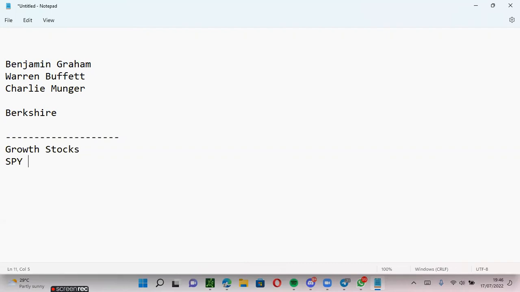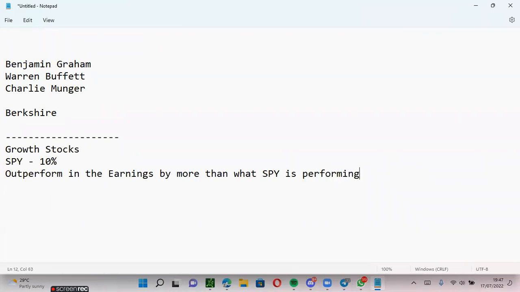If S&P in this quarter can move up like 10%, S&P is growing by 10%, whereas some of the stocks, their growth is measured in their earnings, that they're able to outperform in the earnings by more than what S&P is performing. So what is a growth stock?